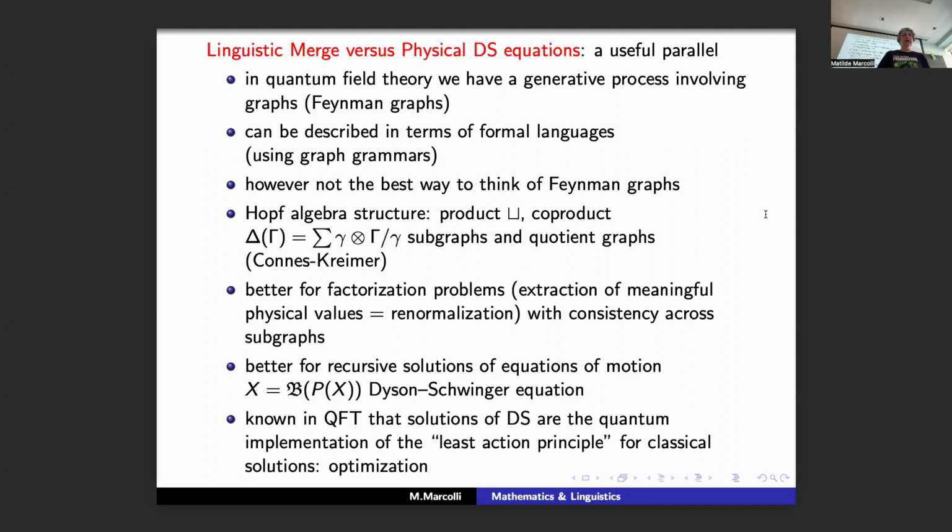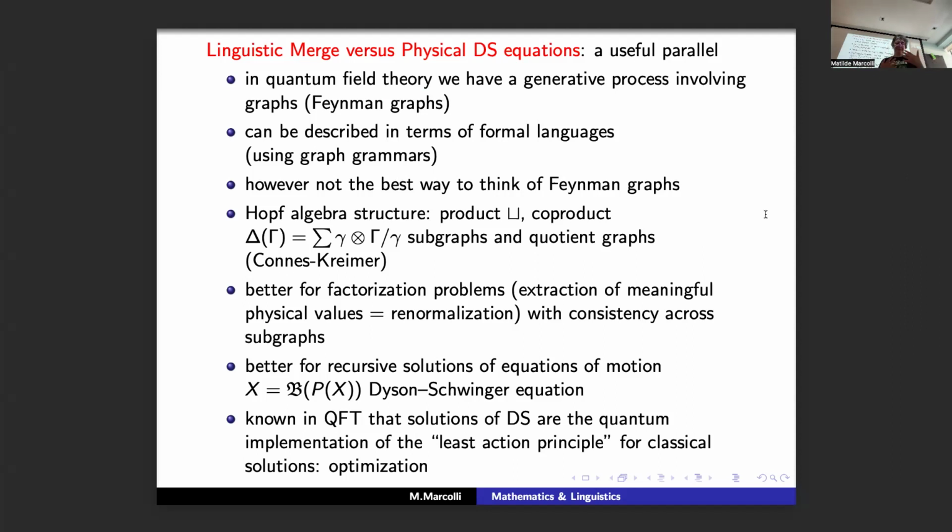So, here I'm starting to build a little bit of a parallel between this story in physics and what we have seen so far. In quantum field theory, we have a certain generative process of combinatorial structures, which builds the Feynman graphs order by order in the perturbative expansion.